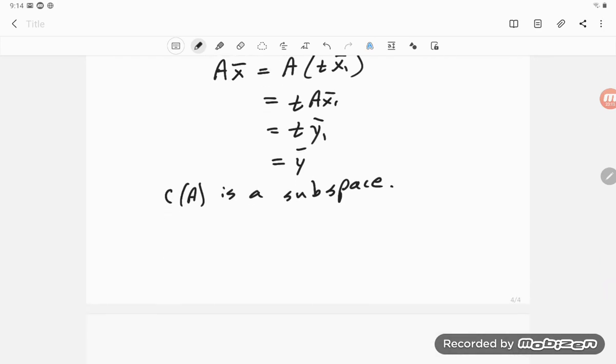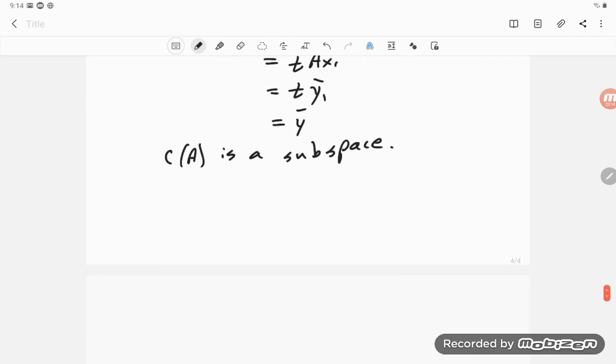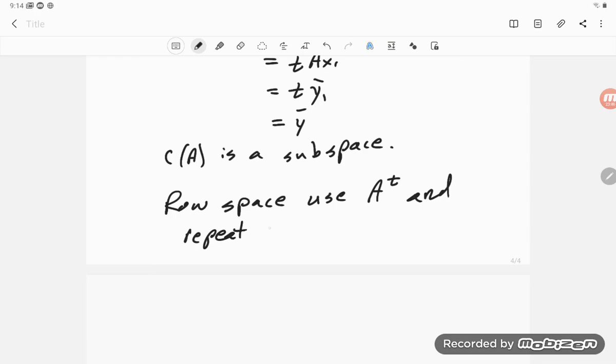Column space, I would just work with column space, row space. So row space is like column space, but it's all linear combinations of the rows of A. For row space, use A transpose and repeat the steps of column space.